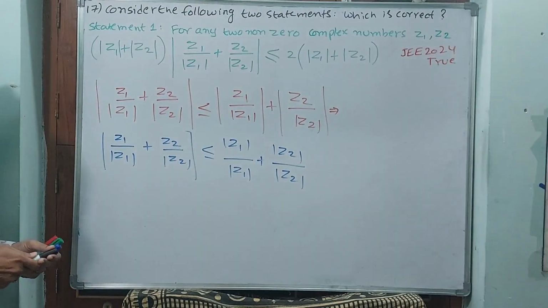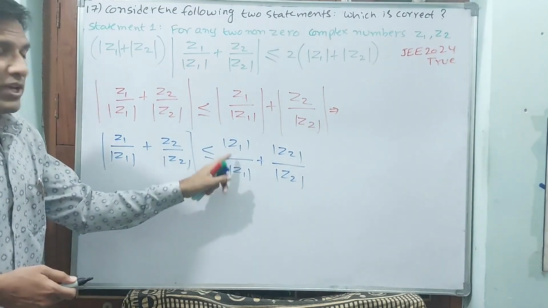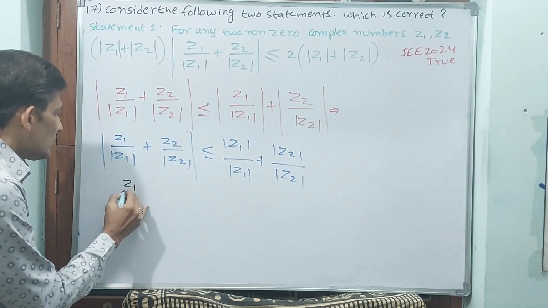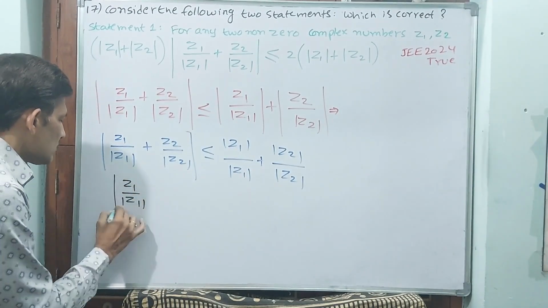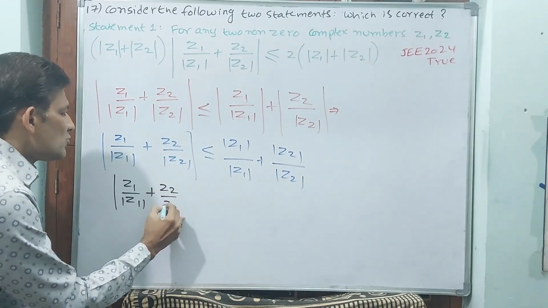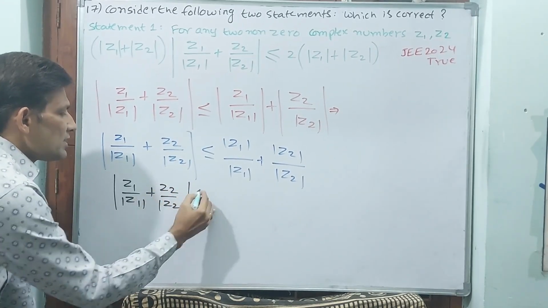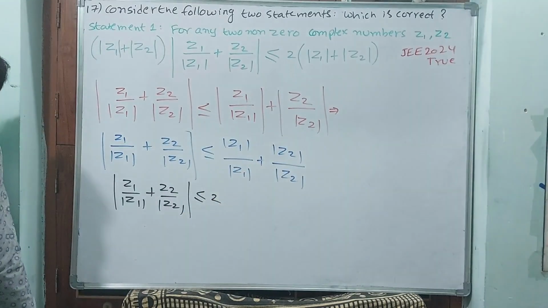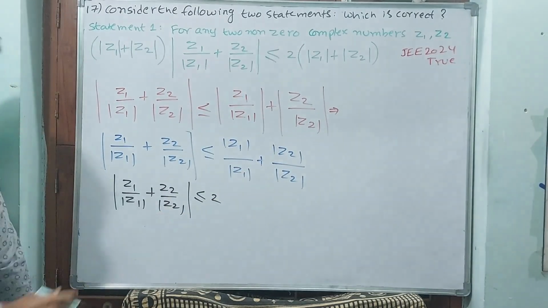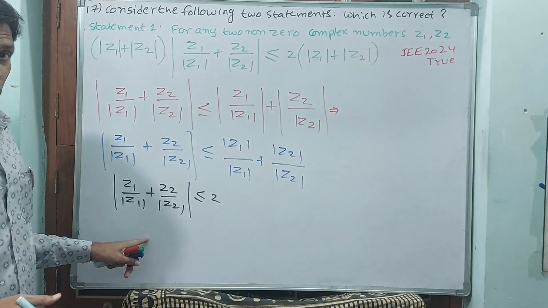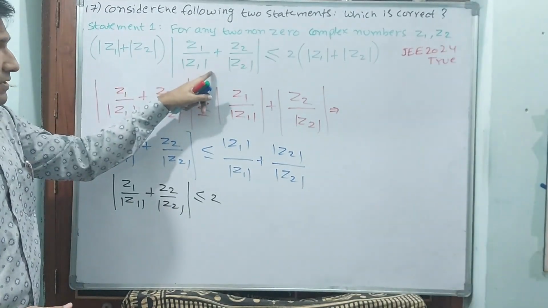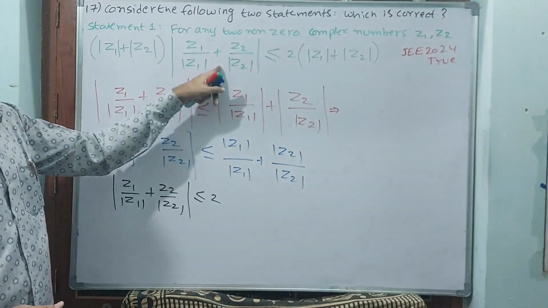Now what can you understand? Same, 1 plus 1, 2. Shall I write it like this now? Z1 by modulus Z1 plus Z2 by modulus Z2, whole modulus is less than or equal to 2, because 1 plus 1 is 2. When this is less than or equal to 2, then this is also less than or equal to 2.